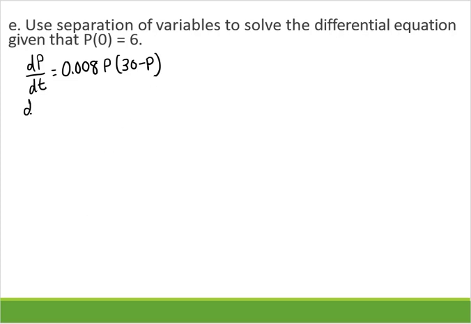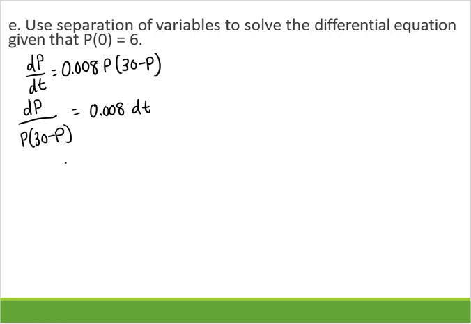So I'm going to separate my variables. Now you need to use integration by partial fractions to simplify this. I will tell you that A and B are both 30. You're welcome to find those, but I won't have enough space on my screen if I try and find those.